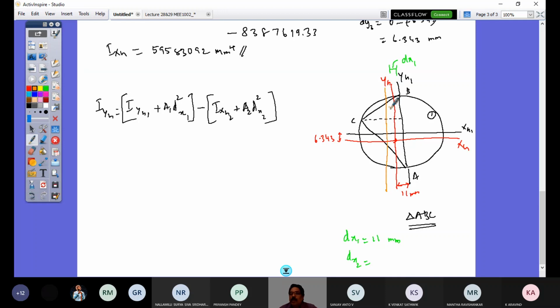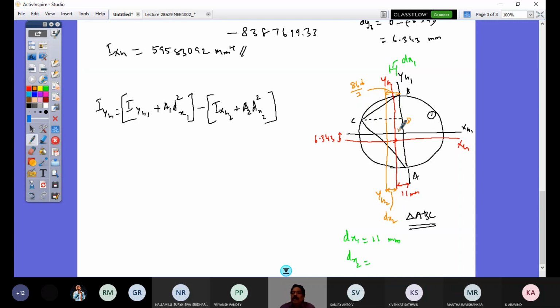And this distance is what we know, that is 86.6 by 3, 1/3 of this height, right? If this is D, 1/3 of CD is what is from this. But now what you require is this distance, the distance between YG2 and YG axis. So this distance is dx2. That you have to get.